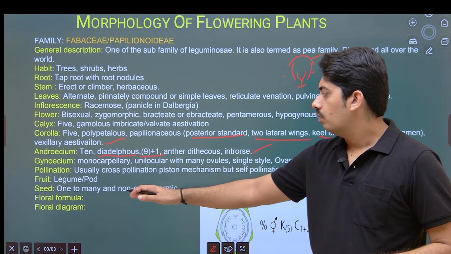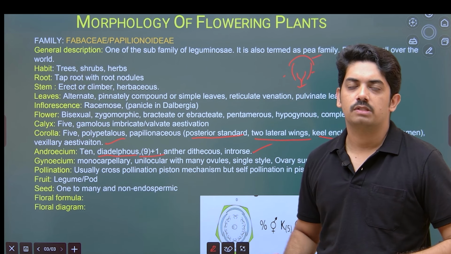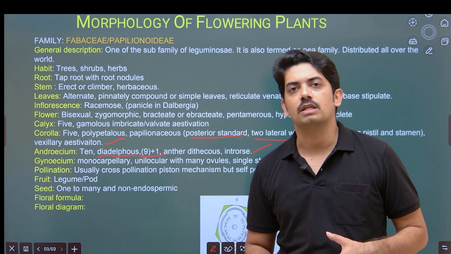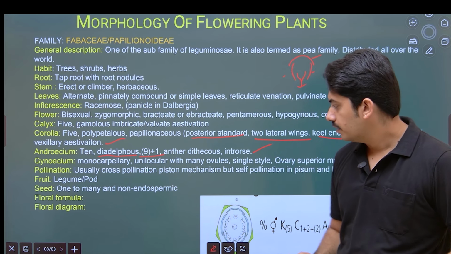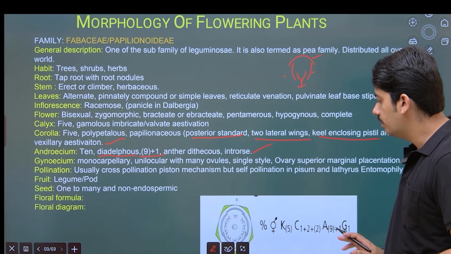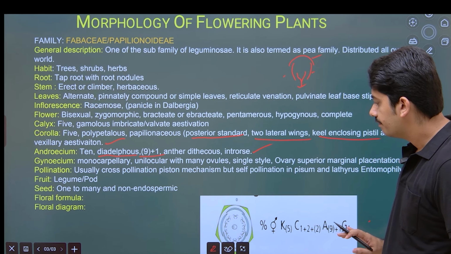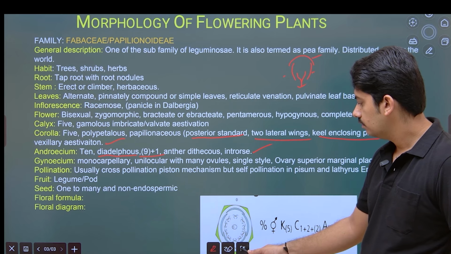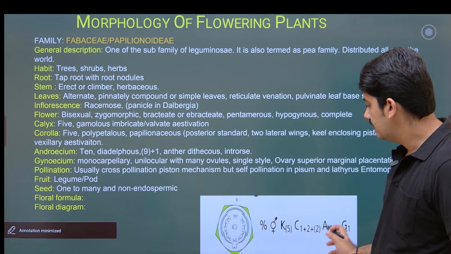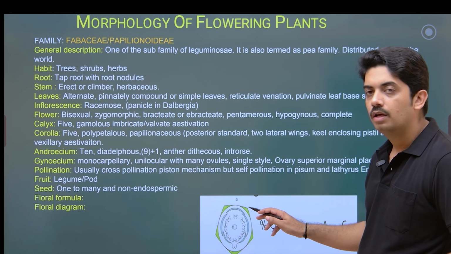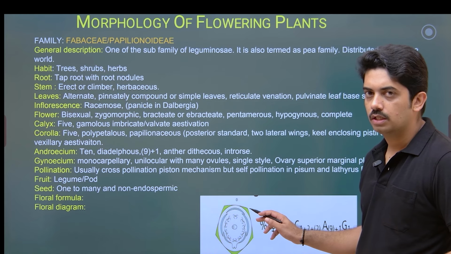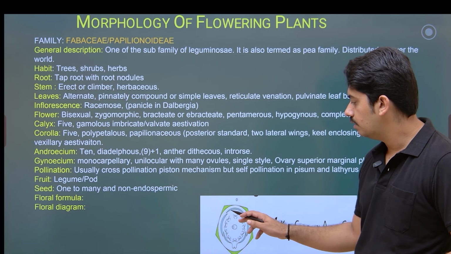Then seeds, one to many and non-endospermic, in the sense endosperm is completely consumed at the time of development of embryo. Now this is the floral formula and floral diagram. Here you can see the outermost one is sepal. All the sepals are fused here, so it is gamosepalous condition.